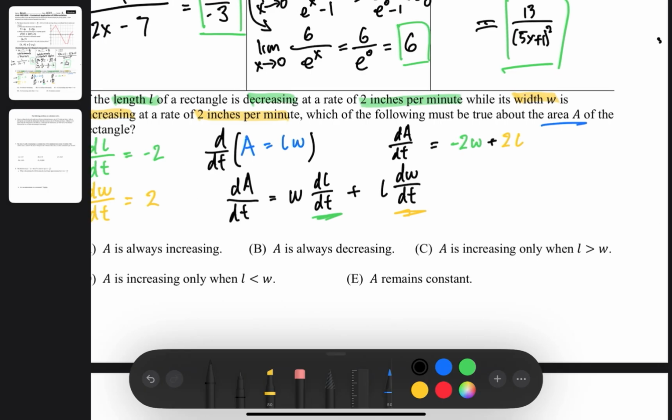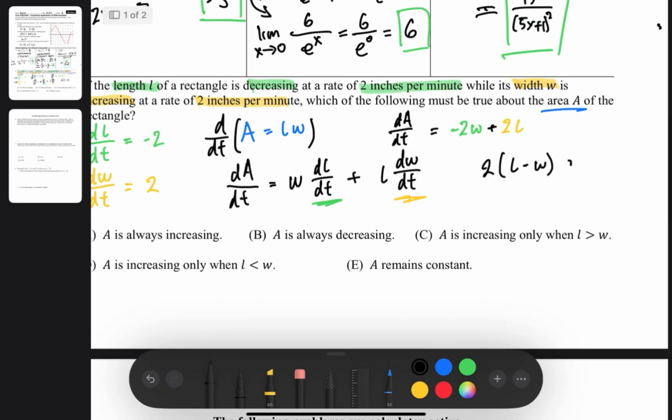Now I'm going to factor out a 2, so we get 2. And then I'm going to rearrange the equation so we get L minus W, and that's equal to our dA/dt.